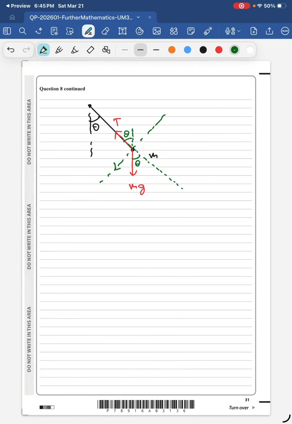Therefore, this component of the weight is mg sine theta, and this component that we need is mg cosine theta. In other videos, I always say that whenever a component touches an angle, that's a cosine theta. Whenever a component does not touch the angle theta, like in this case, then that's sine theta. All right, are we done?